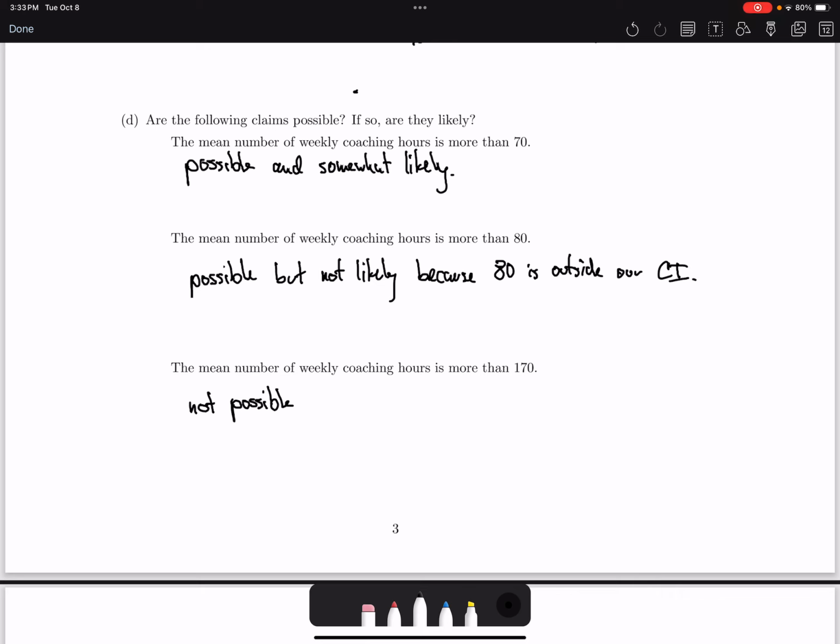So the maximum amount of time someone could spend coaching would be 24 times 7, since that's the number of hours in a week. So we could say not possible, because 24 times 7 equals 168. There are only 168 hours in a week.